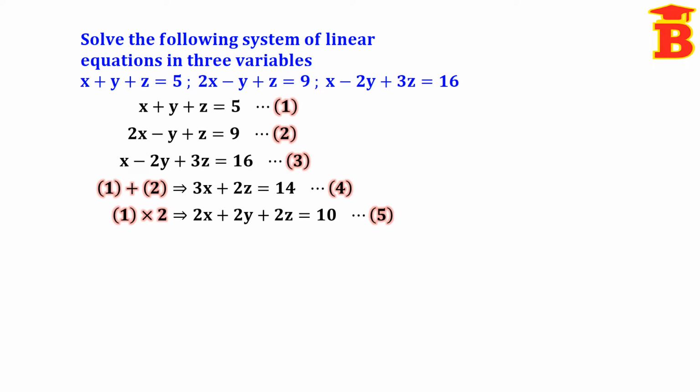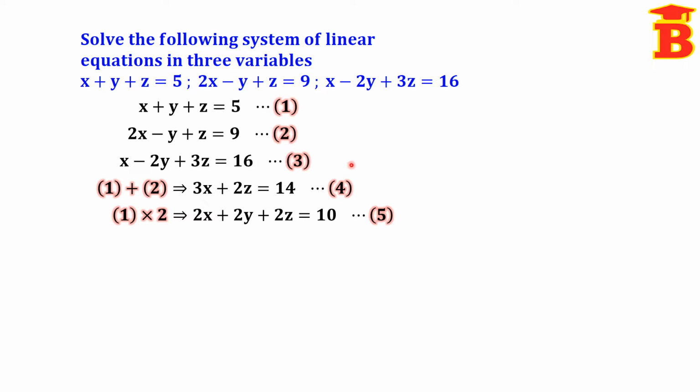Note that the equation we write within brackets: first equation into 2. The full equation we have to multiply by 2. That is 2x plus 2y plus 2z equal to 5 into 2, 10. Take it as equation 5.